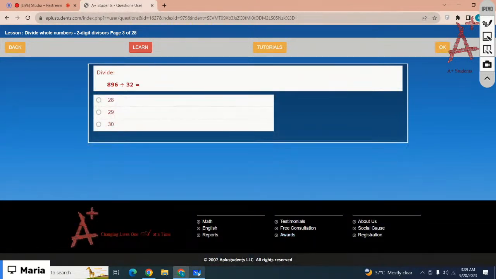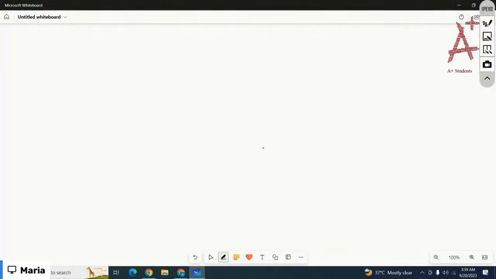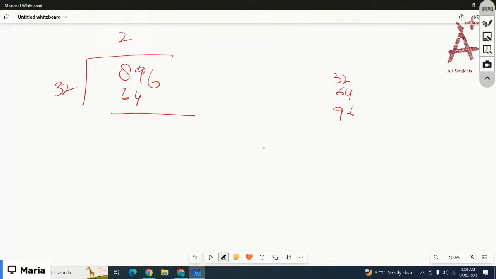896 divided by 32. Okay, 32 times 2 is 64. 32 times 3 is 96. We can go for 32 times 2, right? That would be 64. Just subtract: 9 take away 6 is 3, 8 take away 4 is 4.